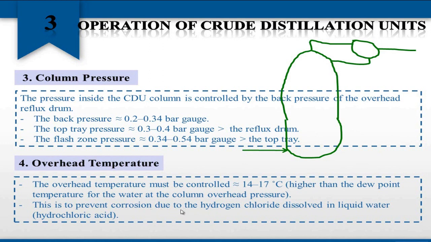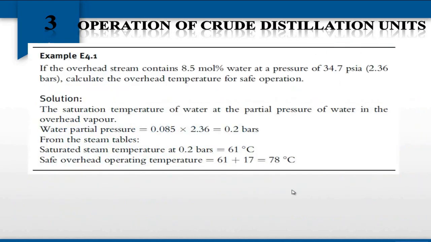I think you have to go back to the first slide about the salt dissolved, which has hydrolysis at about 120 degrees Celsius for magnesium chloride and around 200 for the calcium chloride one. So we can set the temperature a little bit higher than that dew point, but not to that certain temperature we mentioned before. And this is some example.